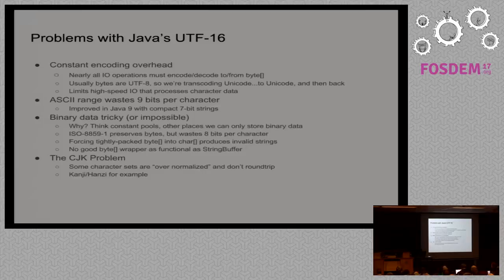And then there's the CJK problem, the Chinese, Japanese, Korean problem. Basically, the issue here is that each of these languages has its own representations of certain characters, like kanji and Hanzi in Chinese. The Unicode folks decided that the character that looks like this in Japanese is the same as the one that looks pretty much like this in Chinese, and so they get one code point.